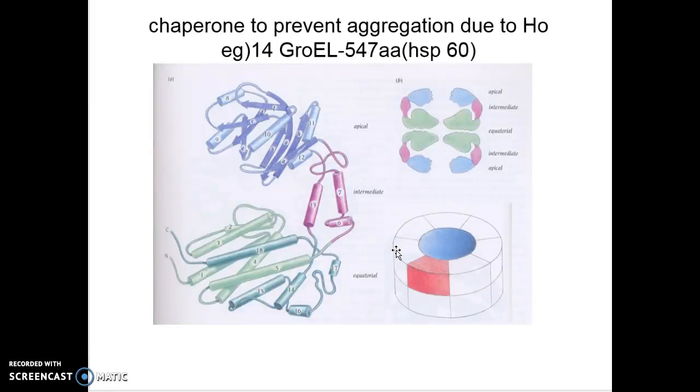Third type, actually, chaperone. Cytoplasm of all cells contains folded proteins and folding polypeptide at high concentrations. Unfolded proteins with exposed hydrophobic patches aggregate easily by non-specific hydrophobic interactions.